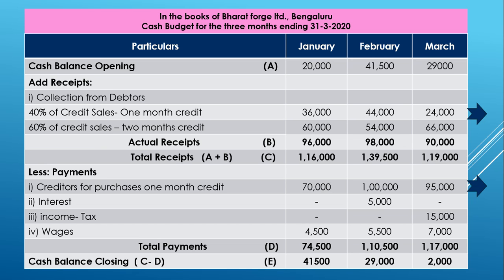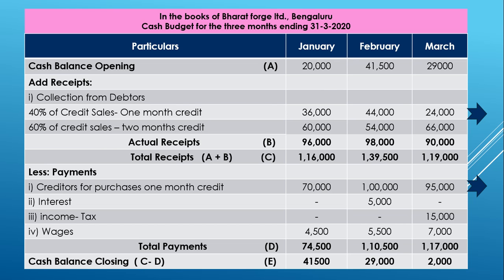Now we will make the total of all the payments. So 70,000 plus 4,500 will be 74,500, and the same for February, that is 1 lakh plus 5,000 plus 5,500, it will be 1,10,500. Then 95,000 plus 15,000 plus 7,000 will be 1,17,000. Now how to calculate the closing cash balance?